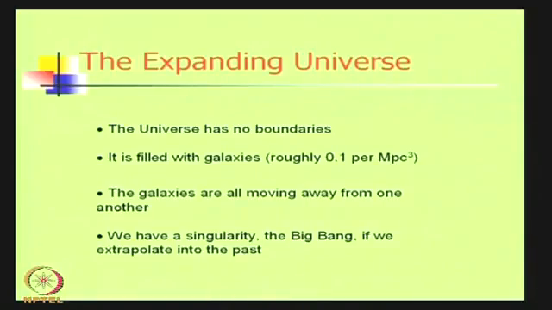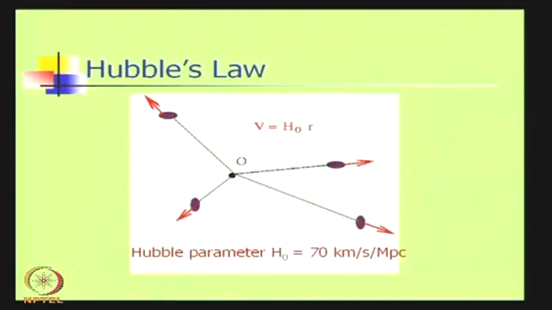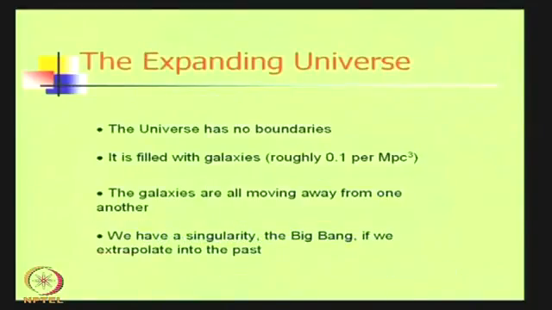Now sitting on earth, in our galaxy rather, we see that all the other galaxies are moving away from us. So the only way you can have this consistent with the homogeneous and isotropic picture is that the galaxies are all moving away from one another.